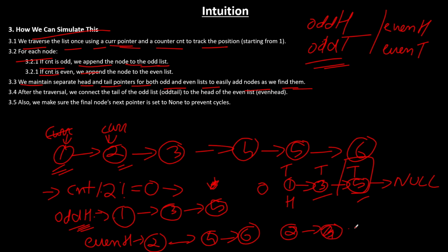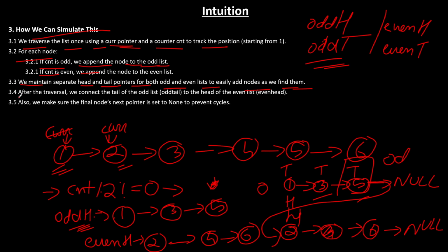Now when this is completed, and similarly for the even also, 2, 4, then 6, then null, right? We could do odd tail's next equals head of the even, right? Getting my point? This way we could connect odd tail with even head and complete the linked list.